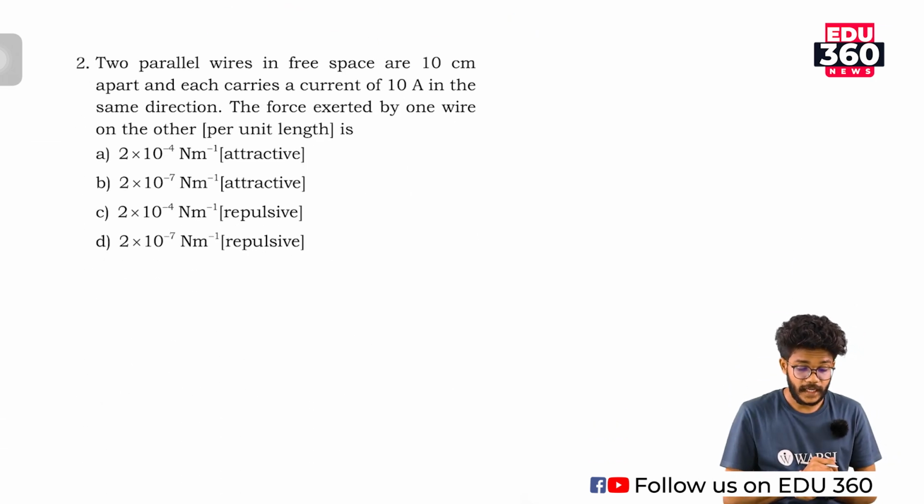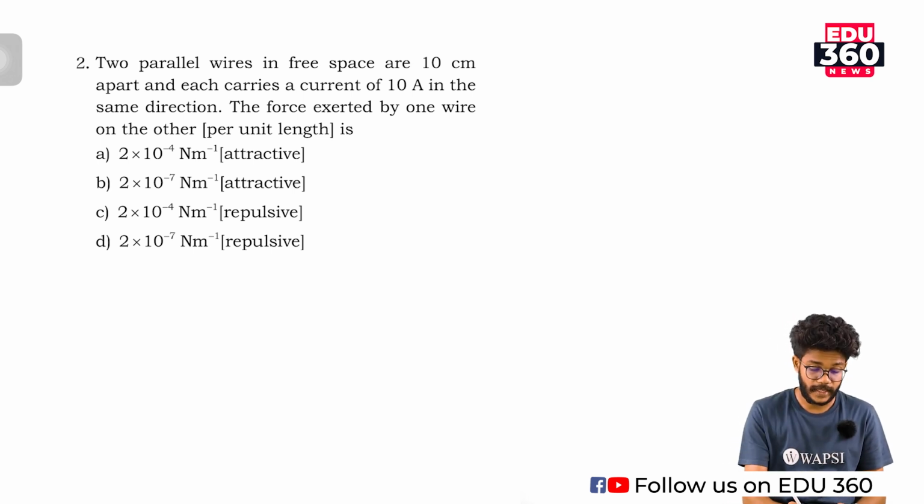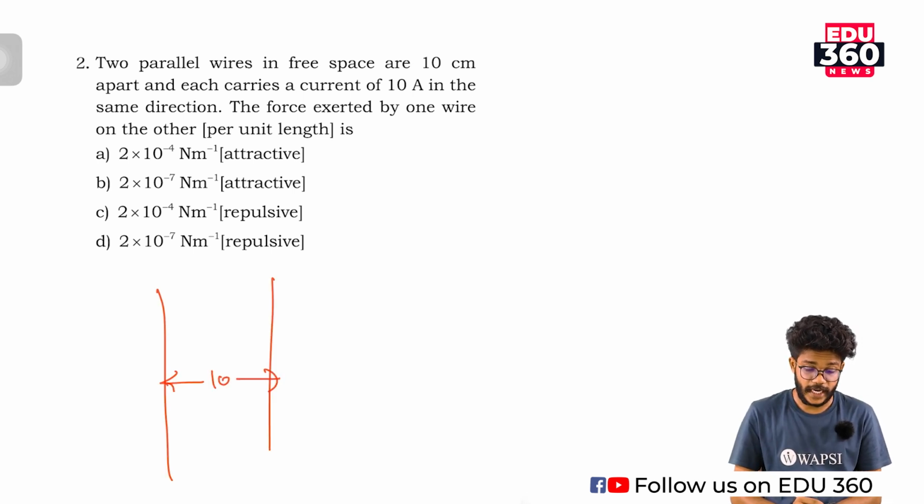Okay, we can move to the second question. Two parallel wires in free space are 10 centimeter apart, and each carries a current of 10 ampere in the same direction.